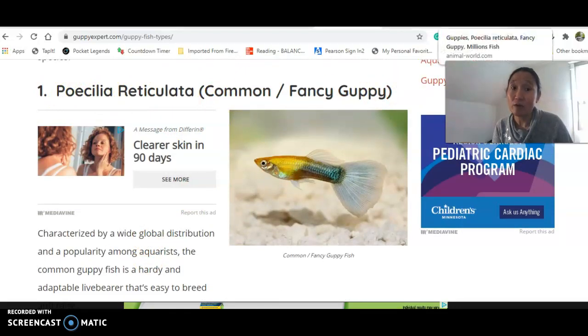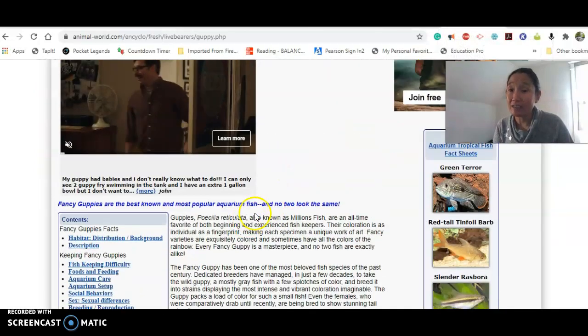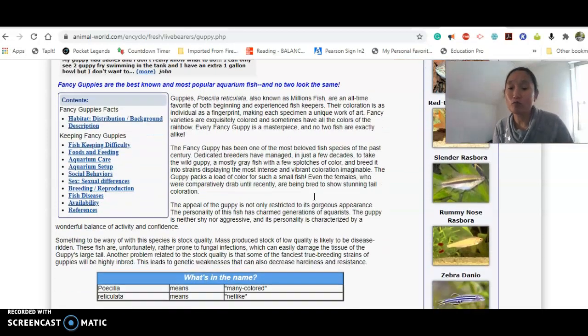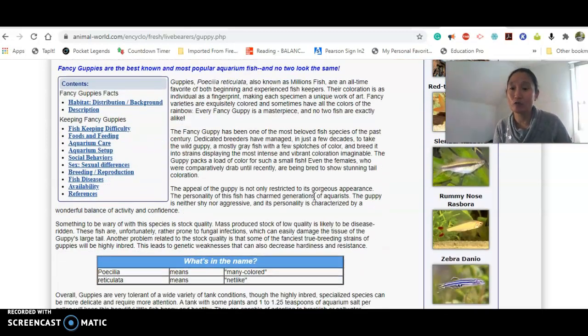So I went ahead and Googled here, and it says here that they're the best known and most popular aquarium fish, and no 2 look the same. So now, if I'm reading through this whole article about the fancy guppies, I can see that every sentence in here is a fact. Every single sentence is a fact, and I can pick any of these facts.